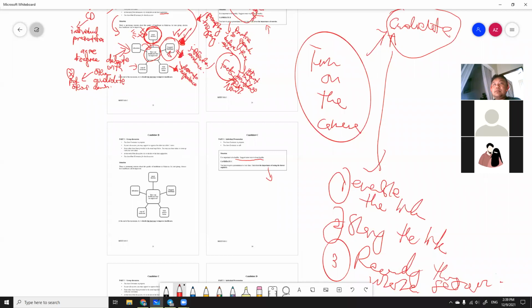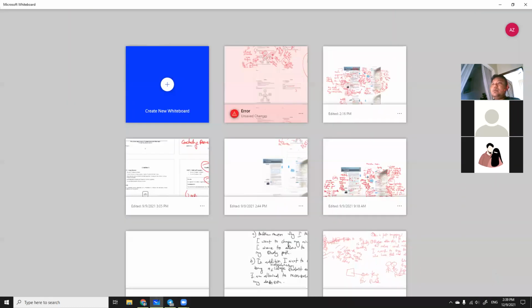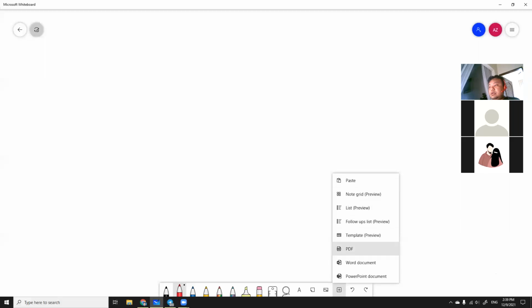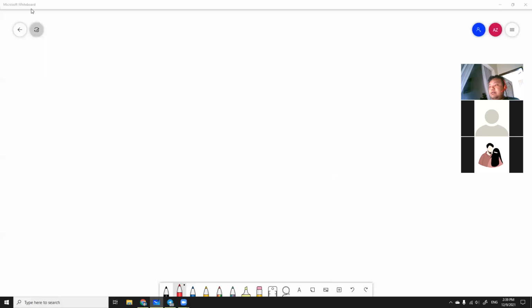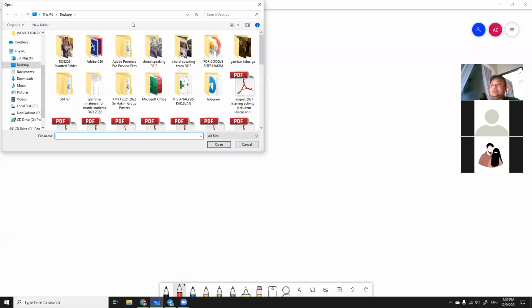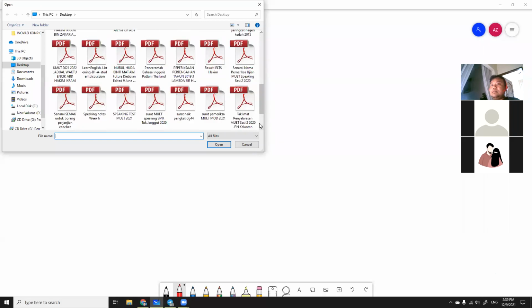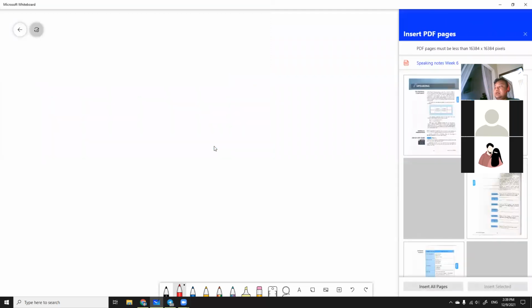Okay, let's go back. I would like to enable insert menu. PDF. Open.